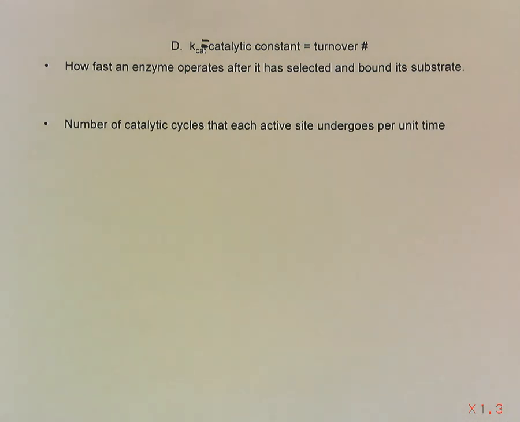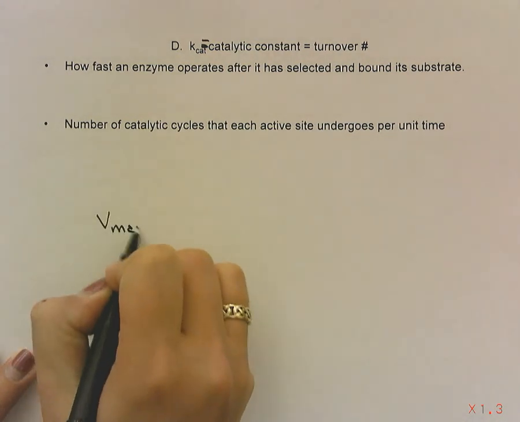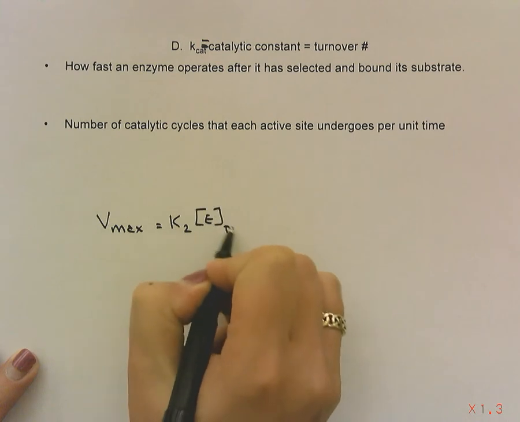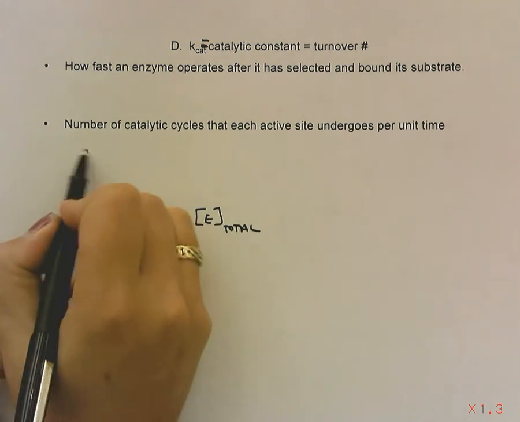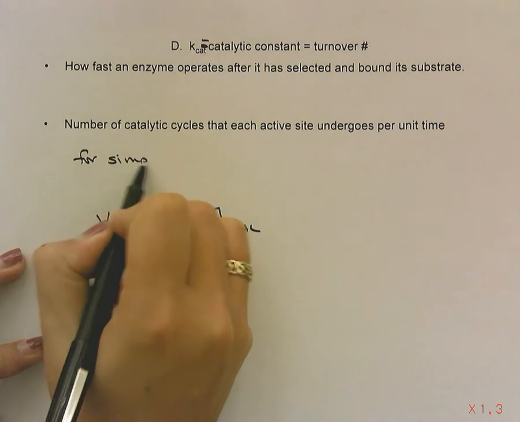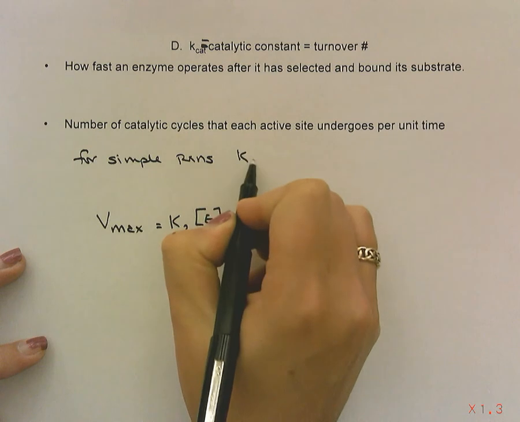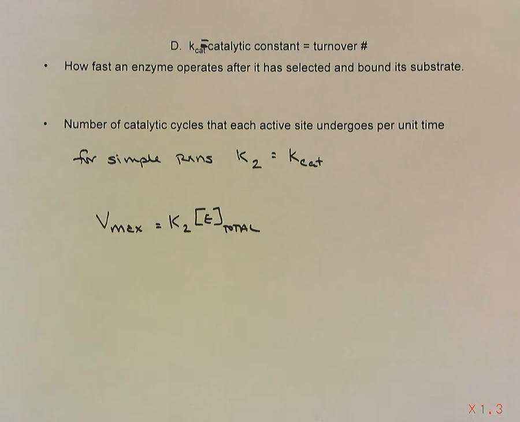From the other day, we had that equation, Vmax equals K2 times the total enzyme concentration. For a simple reaction, K2 equals KCAT.